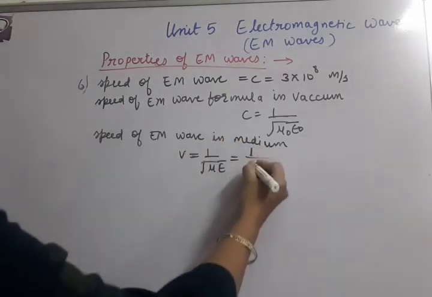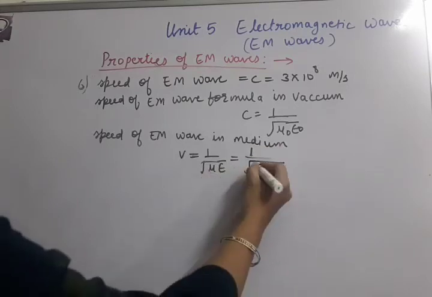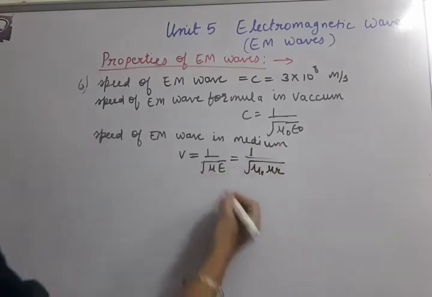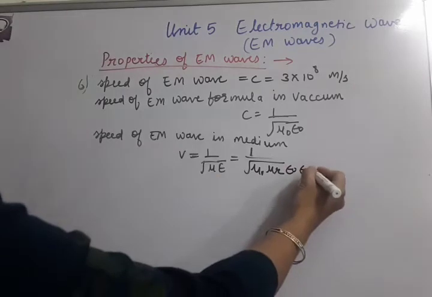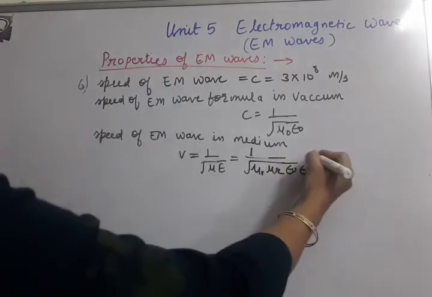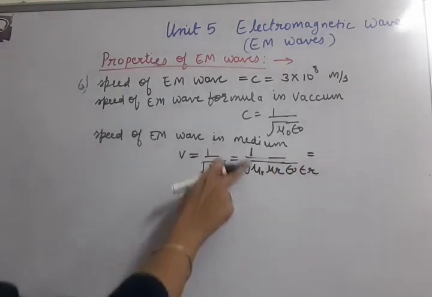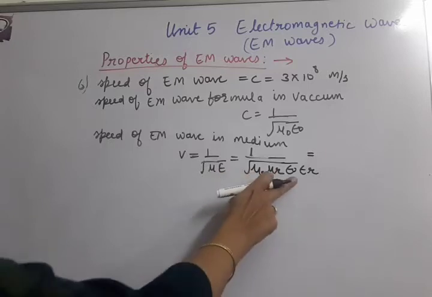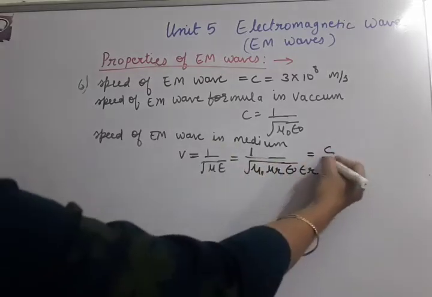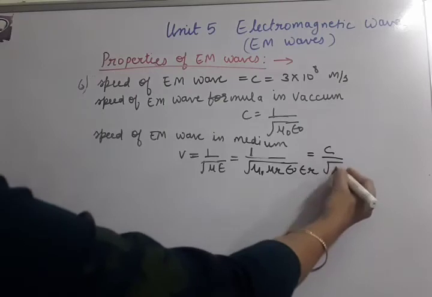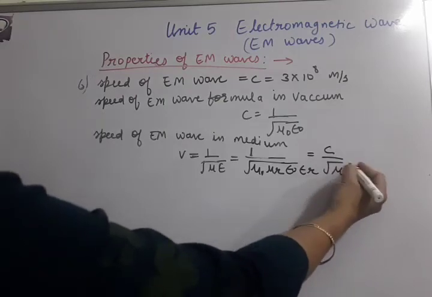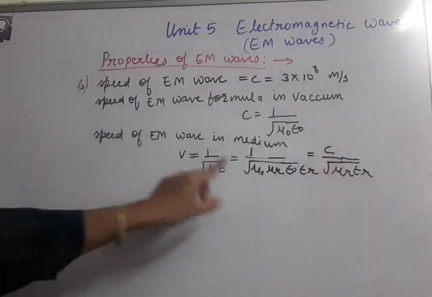As we already do, we will write mu as mu 0 mu r and epsilon as epsilon 0 epsilon r. From this, 1 upon root of mu 0 epsilon 0 is separated. That will become C. And what will remain in the denominator? Root of mu r epsilon r. You can see.